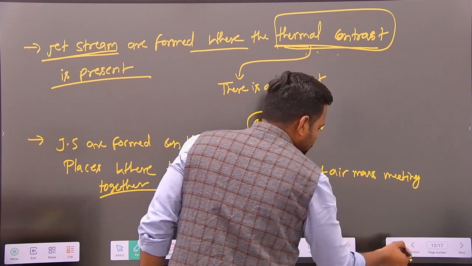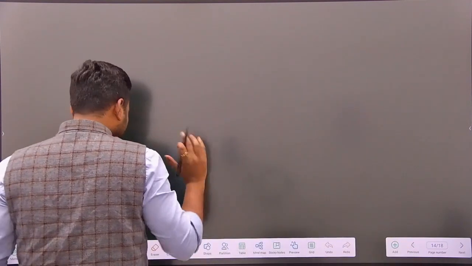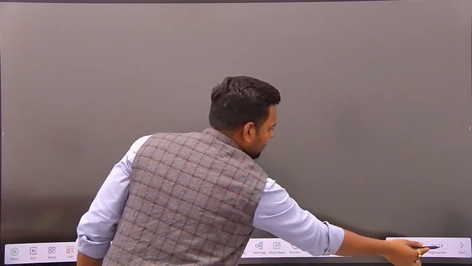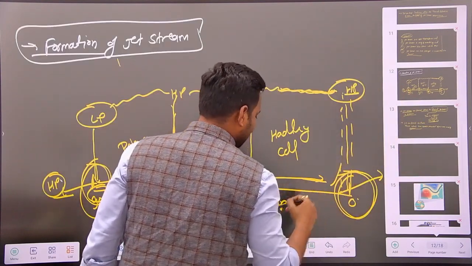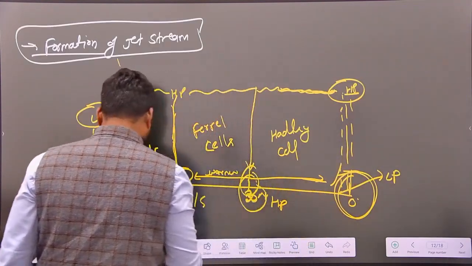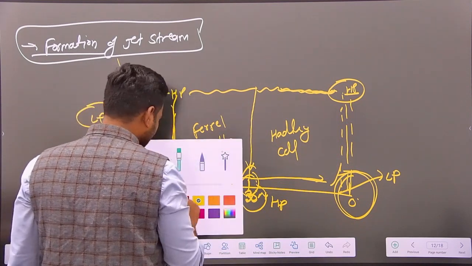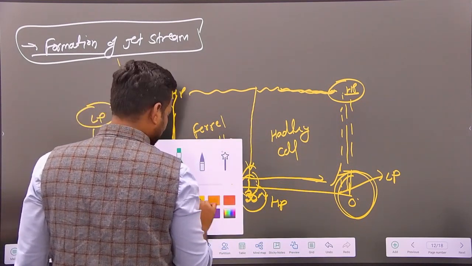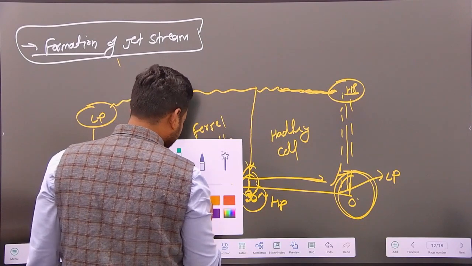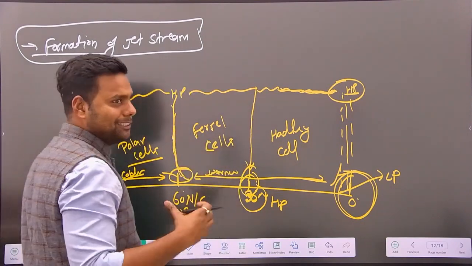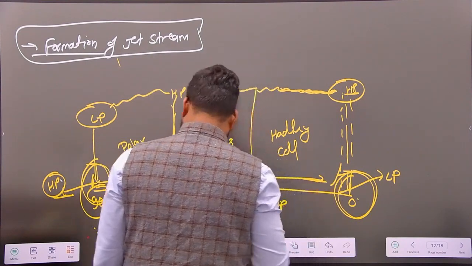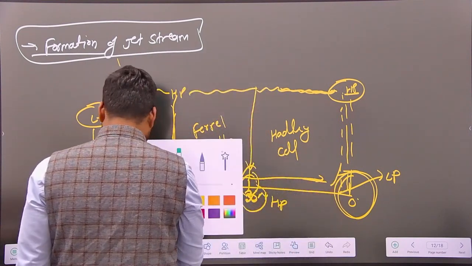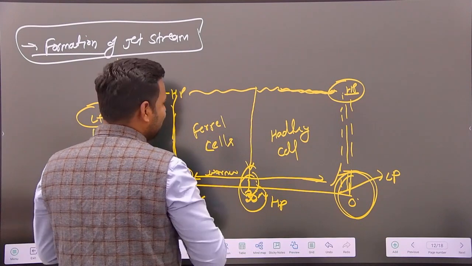Okay, so let's talk about where this can happen. Where can these different types of air masses occur? Look at the map. I will pick the color red because red is more suitable. Let's try to understand the complexity of the jet stream.